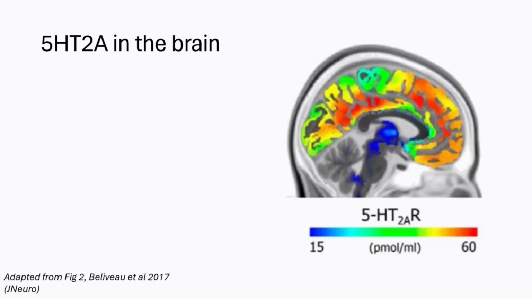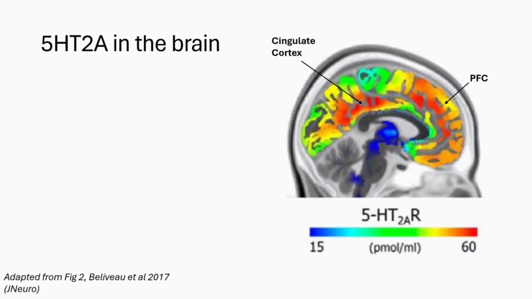Now, hopefully you can see there are a couple areas in particular. This front of the brain here, the frontal lobe, or the prefrontal cortex, and also this cingulate cortex, which are very dense in these receptors. So we might imagine that tasks that involve these regions would be altered on a psychedelic experience.